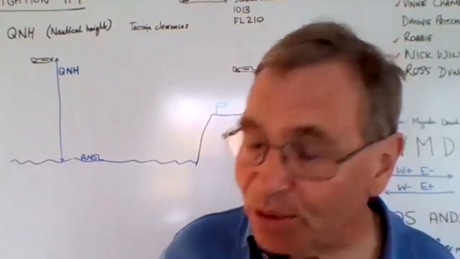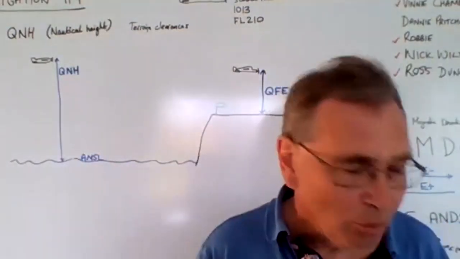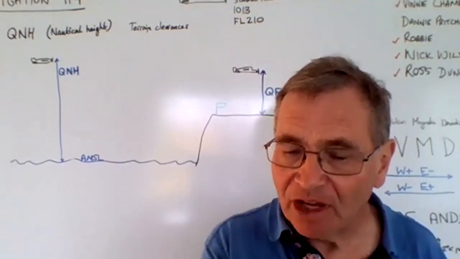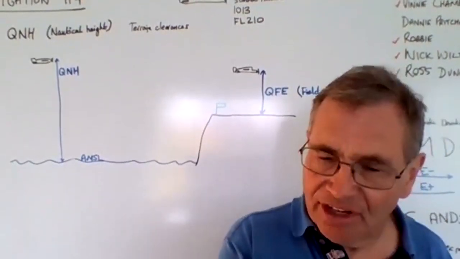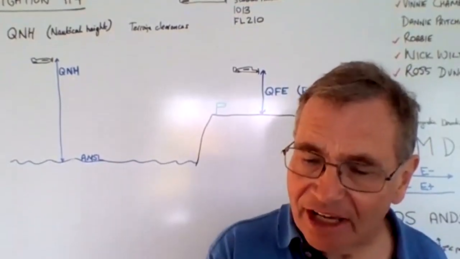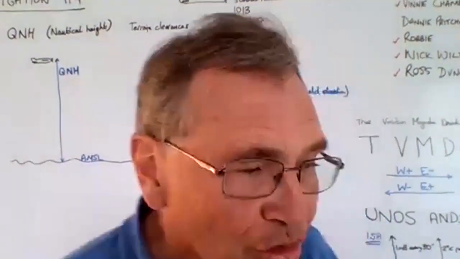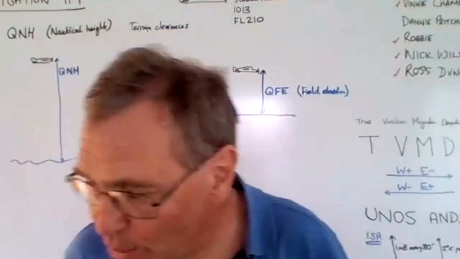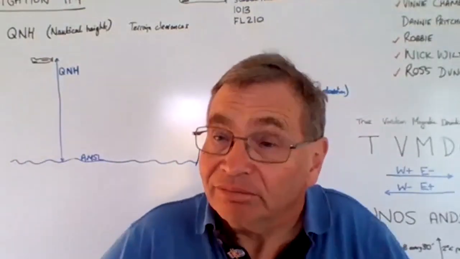There are other frequencies dedicated to volmets where you can listen to all this information as well. And of course, the other great thing is that if you talk to any air traffic control en route, they will give you the updated QNH as well.